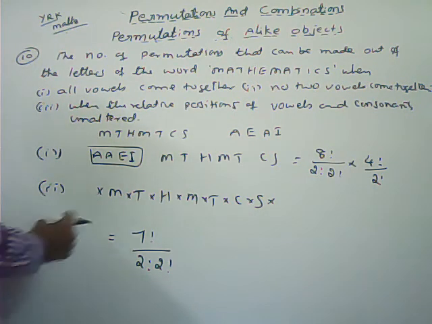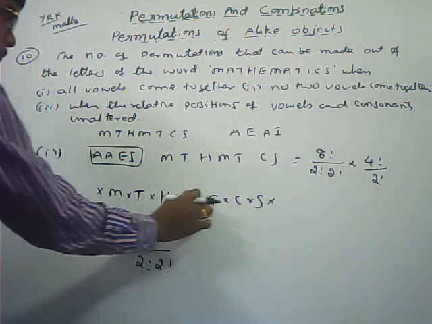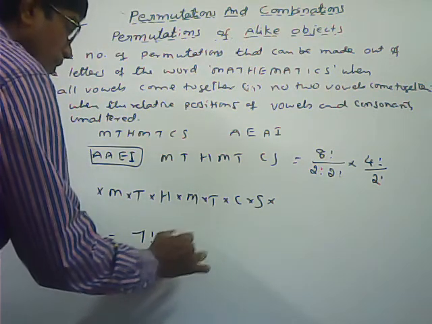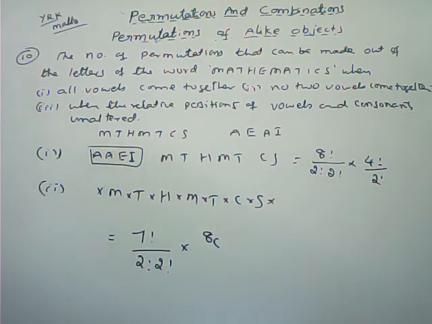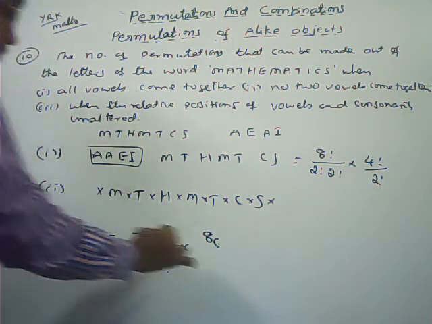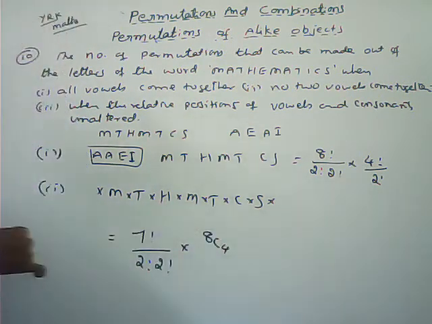Next, here how many gaps are there? 8 gaps are there. In that 8 gaps, you can select so that no two vowels come together. Here vowels 4 are there. You can select 4 gaps.